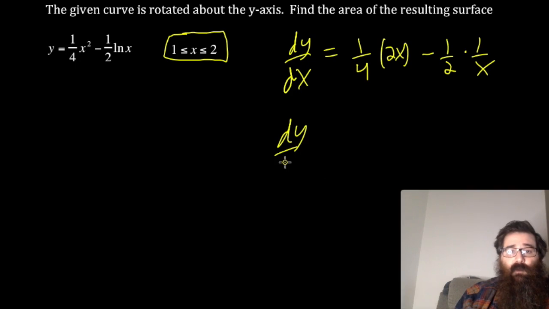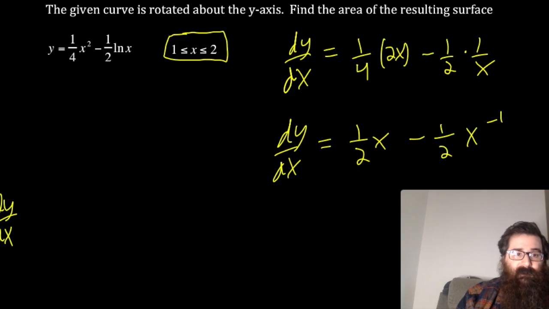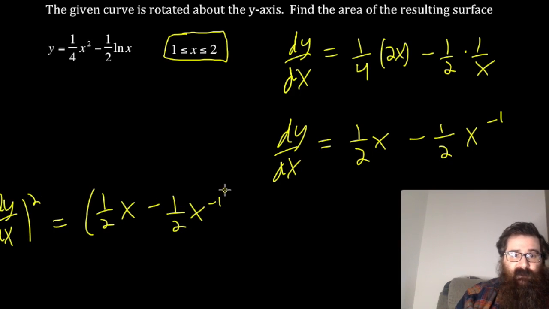We'll say, okay, dy dx then gives me a 1/2 x minus, this is really 1 over 2x, but I'm going to write it as 1/2 x to the minus 1. And for arc length, because I have to work with arc length for the area of surface of revolution, I want to square this derivative. So I'm going to want dy dx squared. So I want 1/2 x minus 1/2 x to the minus 1 times itself.